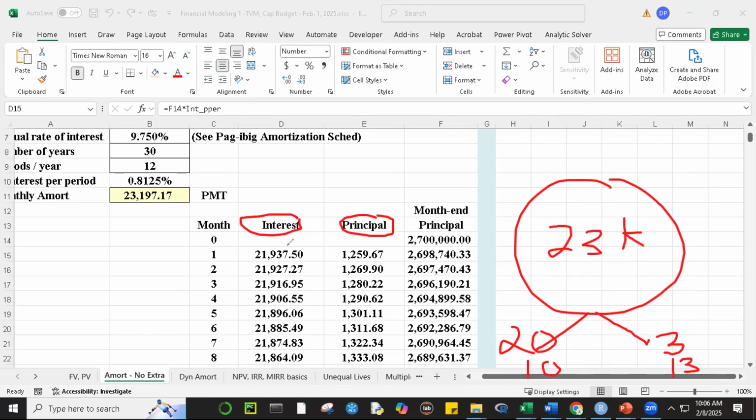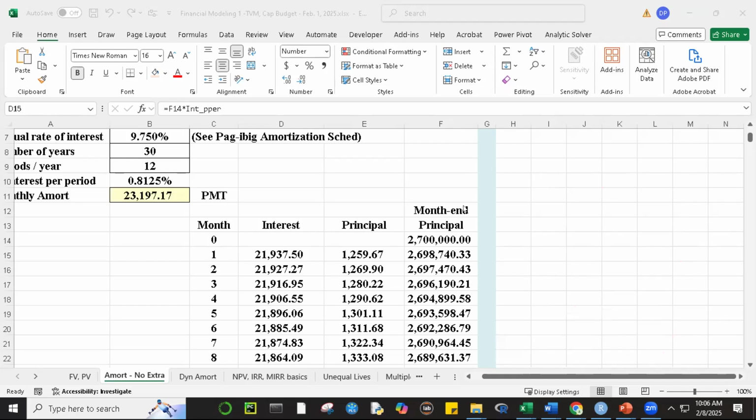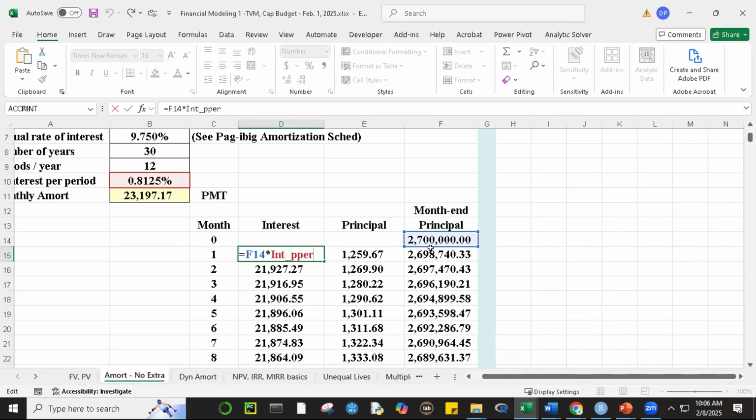So if you get the interest, then of course you'll know how much will be the principal, because it's just the total amount minus the interest payment. So we got the interest, which is the previous balance multiplied by the interest per period.